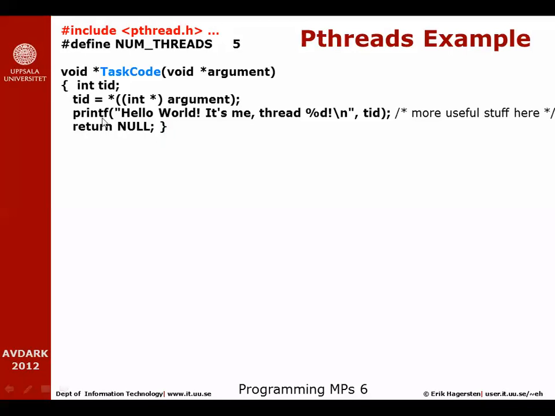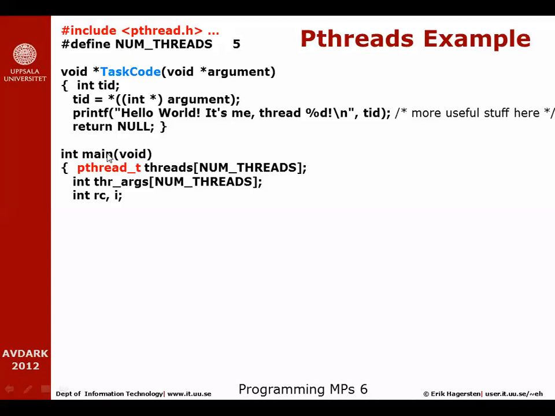Okay, so now we created the task. The next job is to write the main of this program, and the main will try to create several parallel threads that will all perform this task. So here in the main, first we will use one of the data structures defined by the pthreads library. pthread_t is the structure that keeps track of each thread that's created, and we then make a vector of 5 of these.